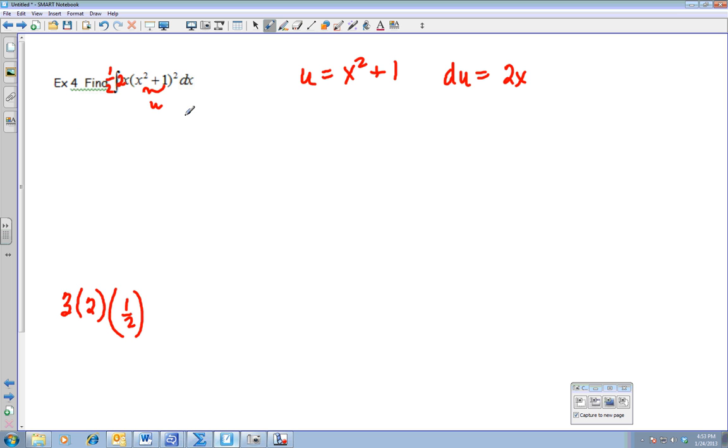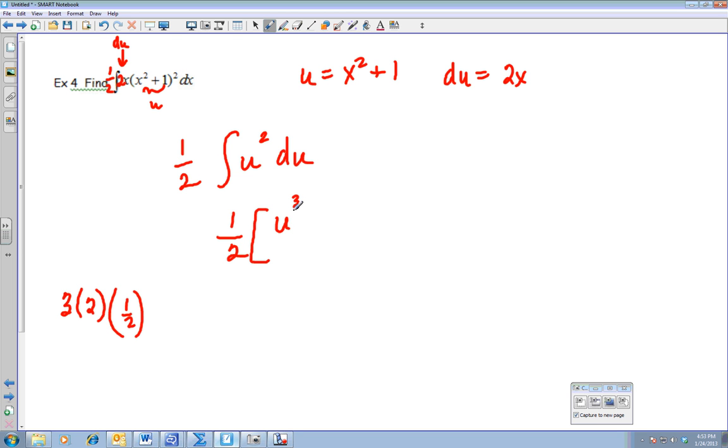So now here's my new problem. 1/2 the integral. Here's my du, so I'm not going to write that yet. Here's my u squared, and now I write my du. So now let's integrate. My constant's going to stay out in front.